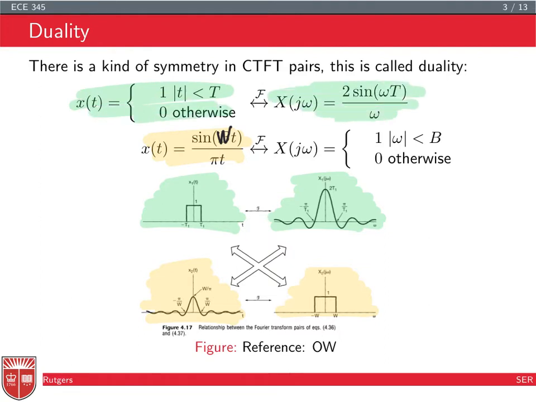Now notice it's not exactly the same, because here the sinc function has a factor pi, and here you don't have pi and you have factor 2, but it's kind of the same.